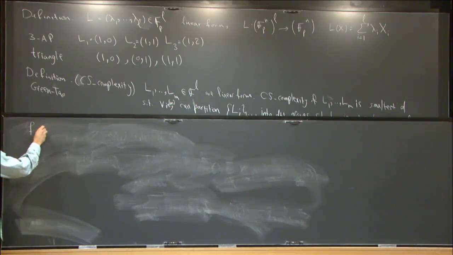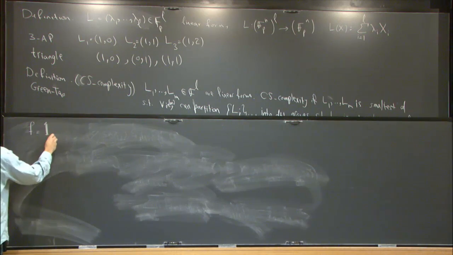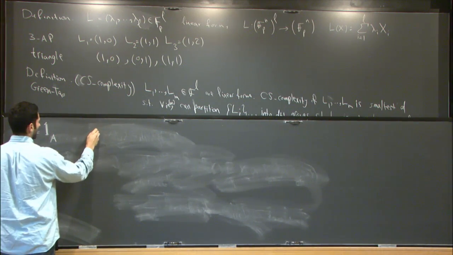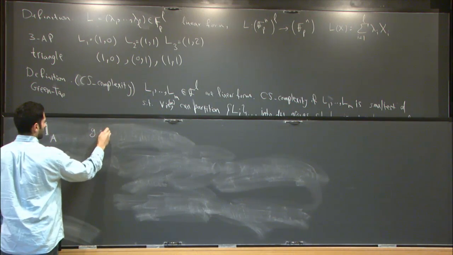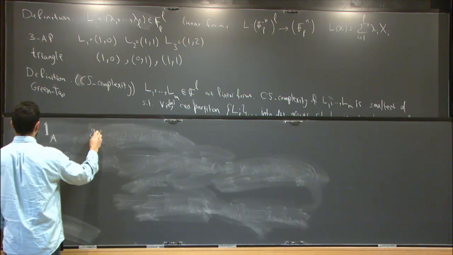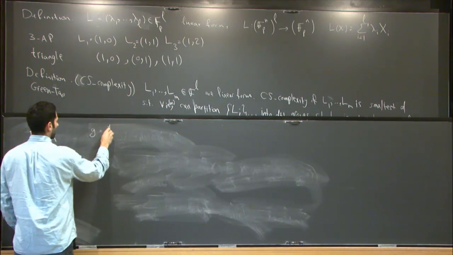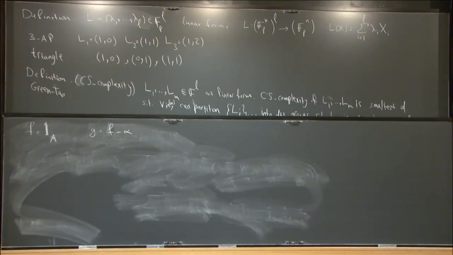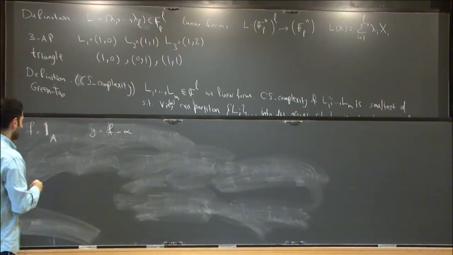So if I let f be, again, the characteristic function of some set A, and I look at g, which is f minus some constant alpha, then we can use the Green-Tao theorem to do the following.